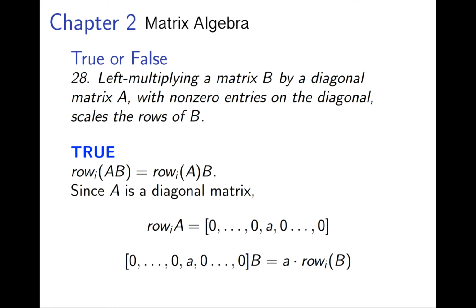There's a theorem that says the ith row of AB is equal to the ith row of A times the matrix B. And A is a diagonal matrix, so the ith row of A will have some number in the ith entry and zeros everywhere else. And so if we take that vector and multiply it by the matrix B, it's easy to see that it's just scaling the ith row of B by that number. Do this out for yourself, see if it works out.